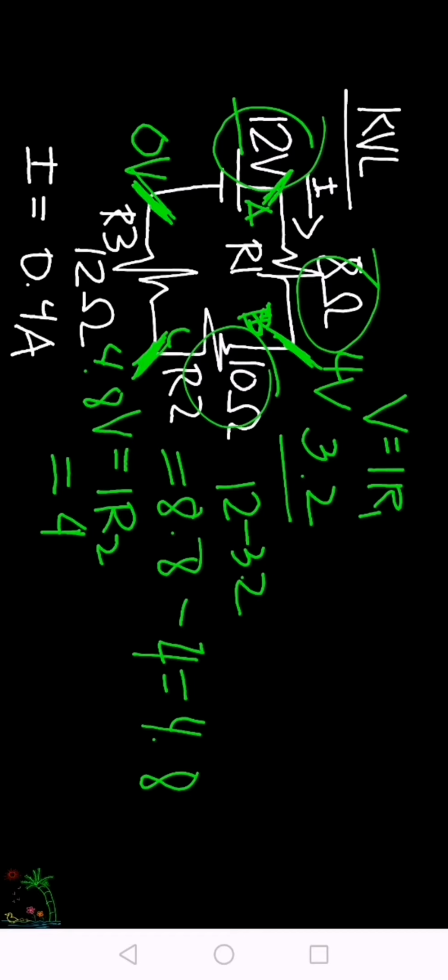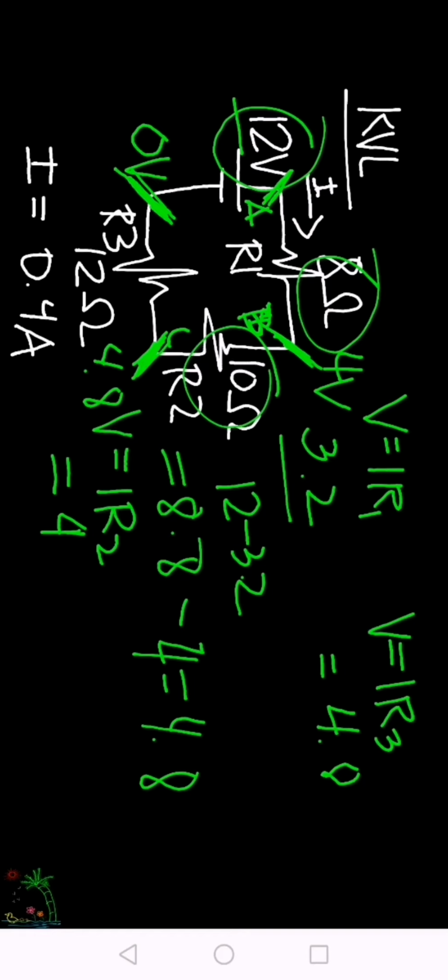Next, let's see if this is correct. If this point is 0 volts, by computing the voltage drop across R3. So IR3. So 0.4 times 12, that is 4.8.